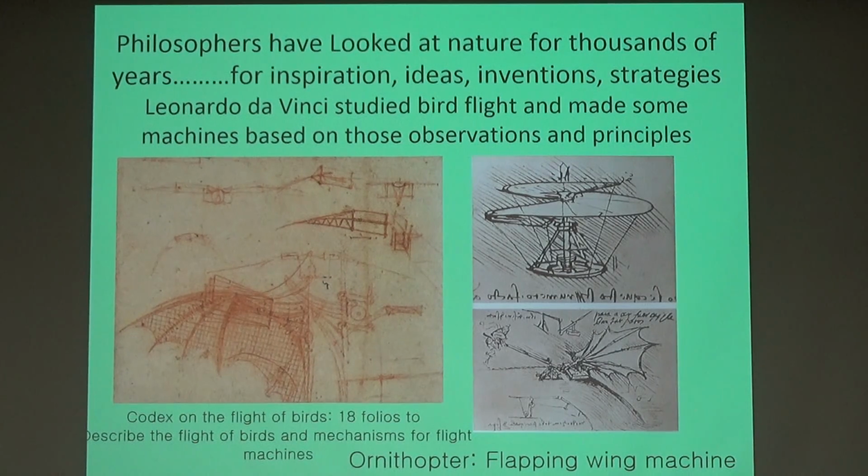For example, Leonardo da Vinci studied bird flight and made designs of machines. He may have built one or two, but a lot of the designs weren't actually built. He designed structures based on the observations and principles of bird flight.